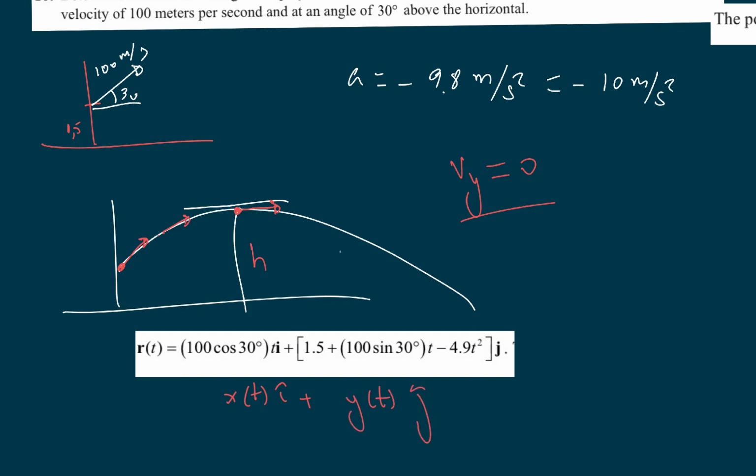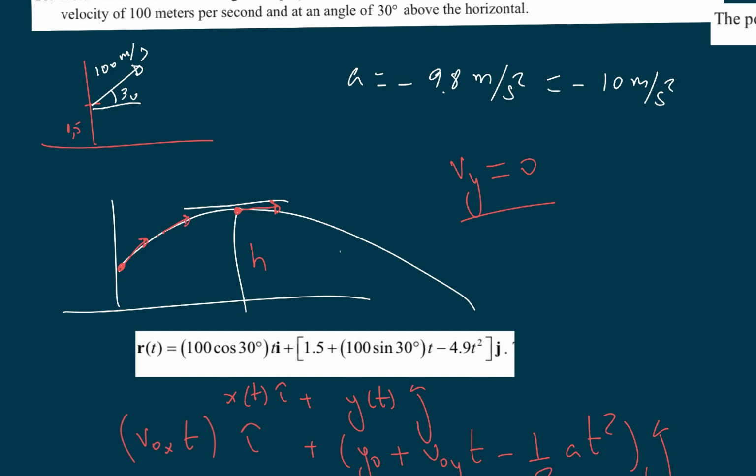So the x of t is this part, the y of t is all this part. The x of t is v0x times t, and the y of t is y0 plus v0y times t minus 1/2 a t squared, j.